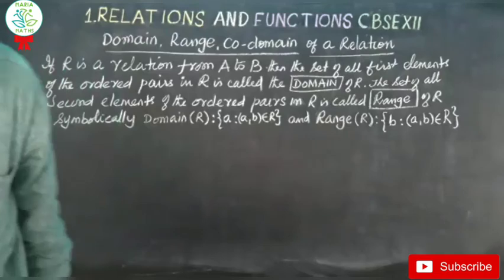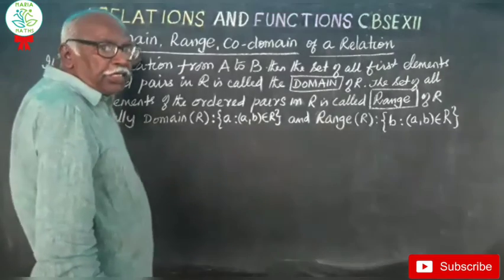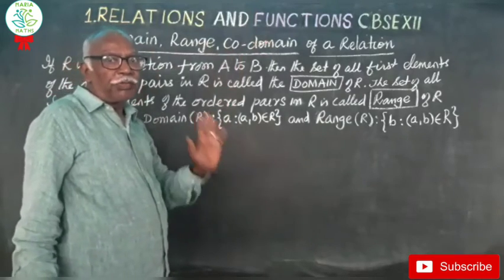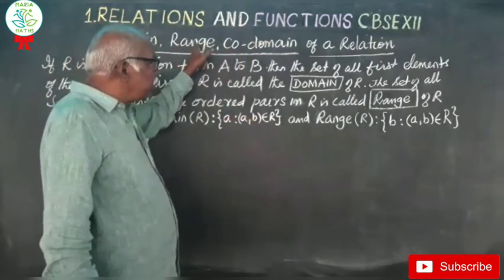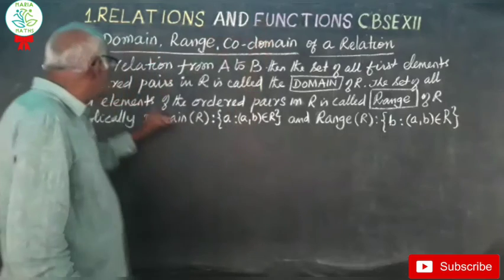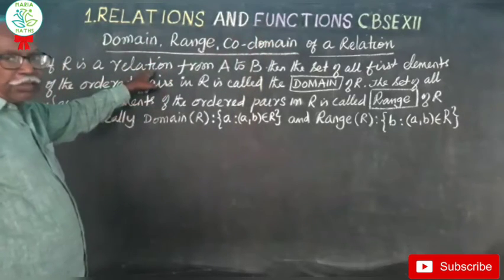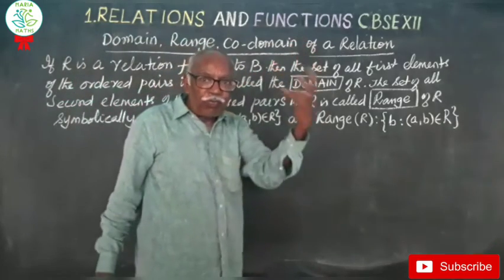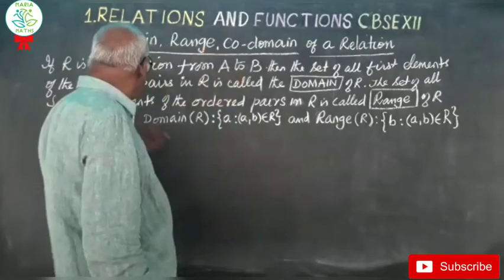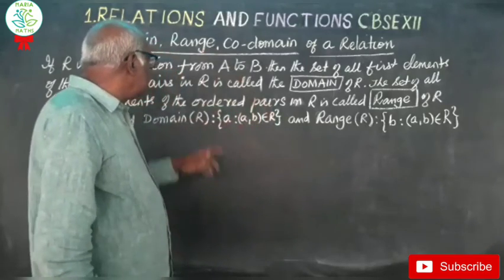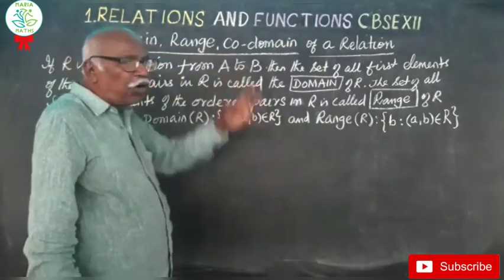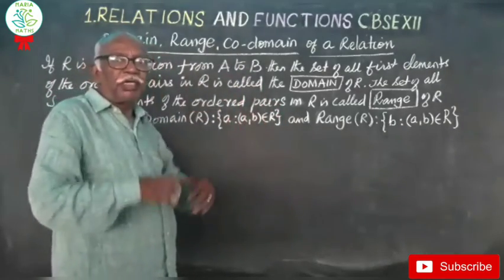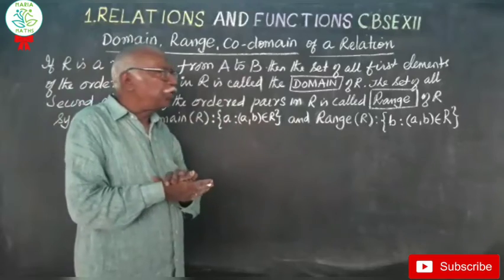Domain, range, codomain of a relation. Now we are going to learn what is meant by domain, range, and codomain of a relation. If R is a relation from A to B, then the set of all first elements of the ordered pairs in the relation is called the domain. If we write all the first elements as a set, that set is called the domain set.